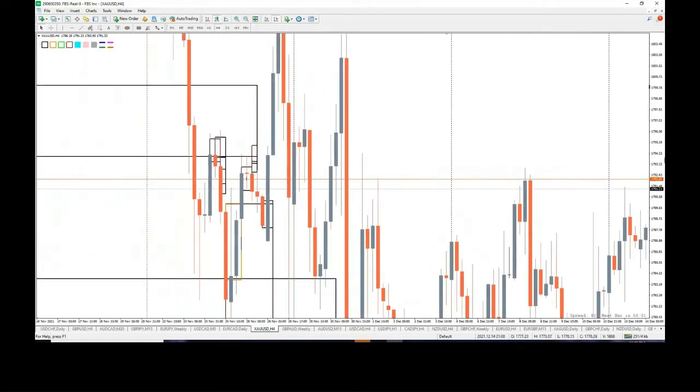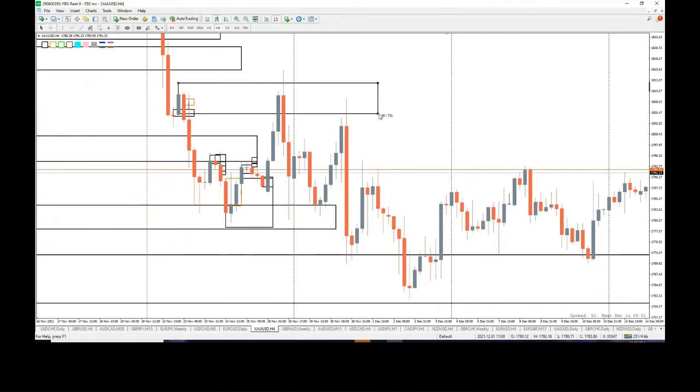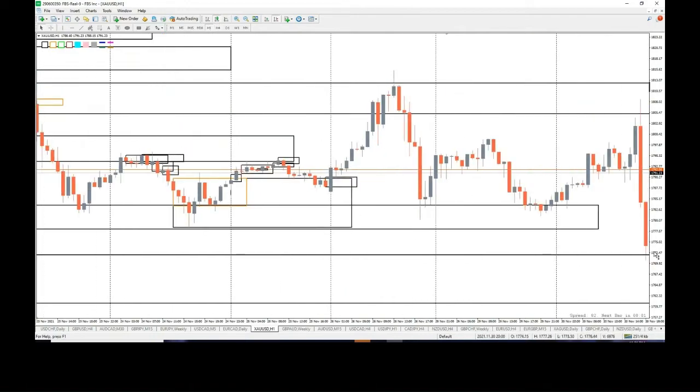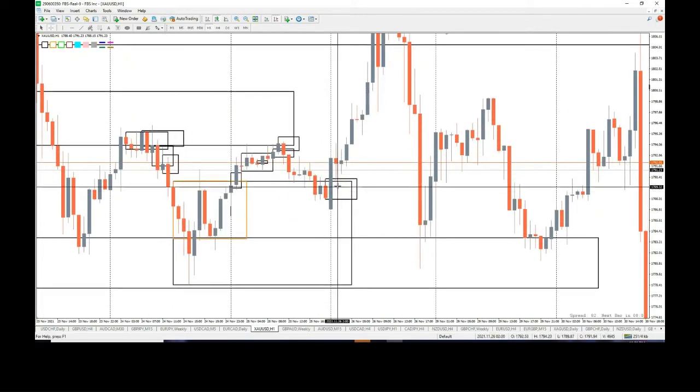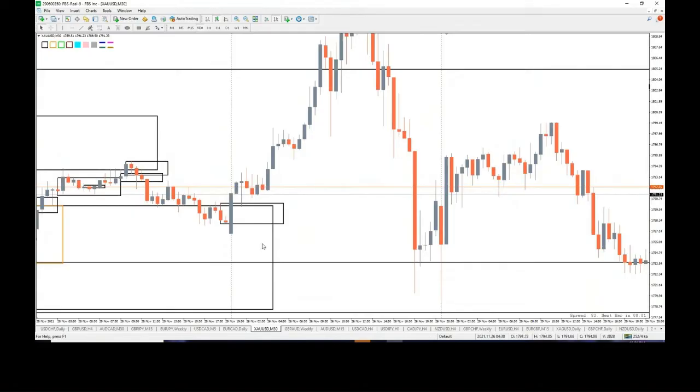So this is H4 setup. Next TP is here, right? Agree? So along the way to go up here, we look just for buy. If you go to lower time frame, you can find so many opportunities.